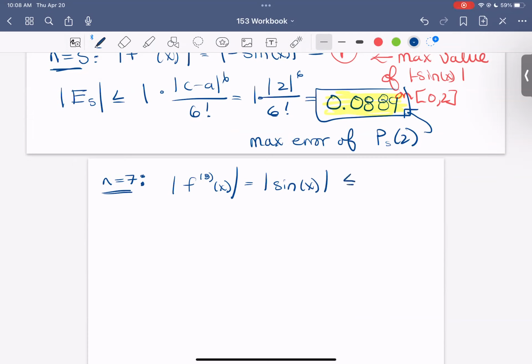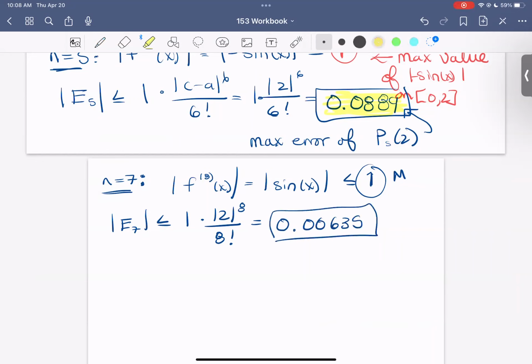So conveniently, we're going to get the same M. Then the maximum error of our 7th degree polynomial will be less than or equal to 1 times the absolute value of 2, now raised to the 8th, divided by 8 factorial. When we compute that out, you should be getting something around 0.00635.